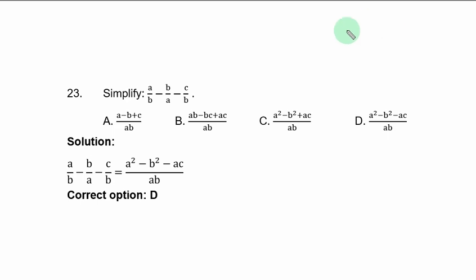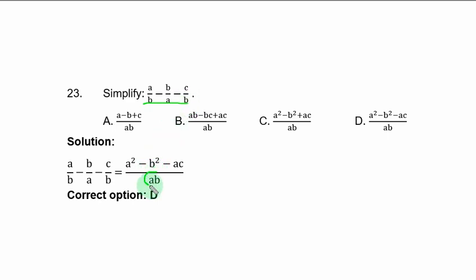Question 23. Simplify A over B minus B over A minus C over B. What you have here is fractions subtraction. To simplify, you simply find the LCM of BA or AB, and that is AB.